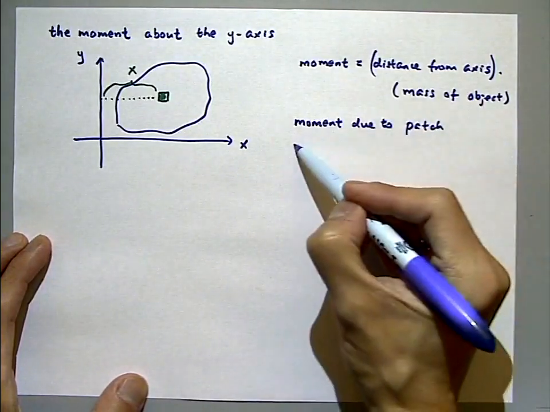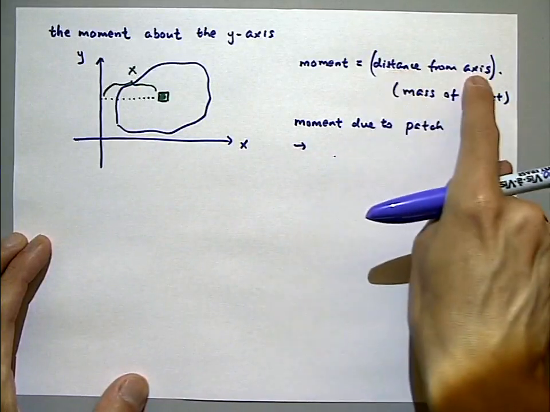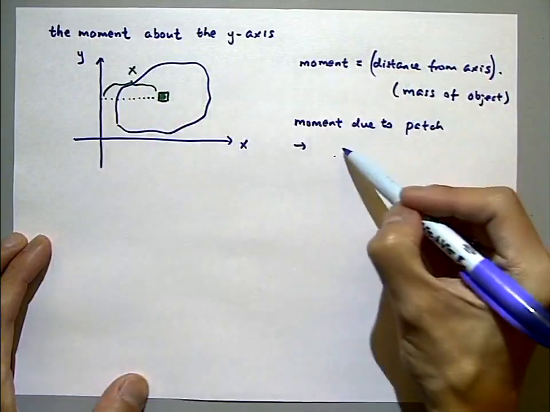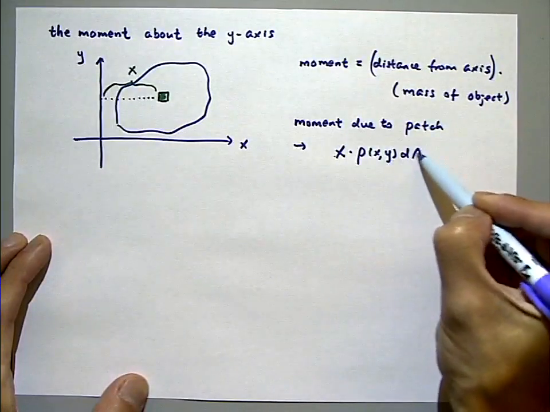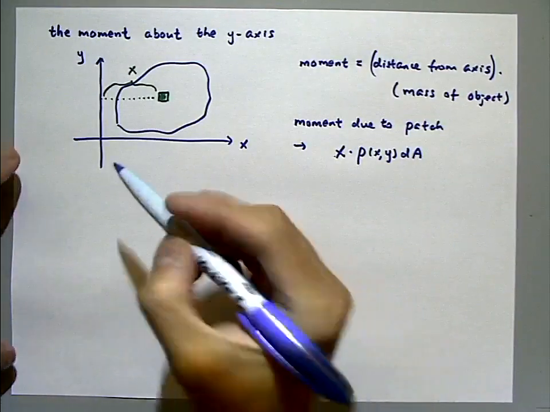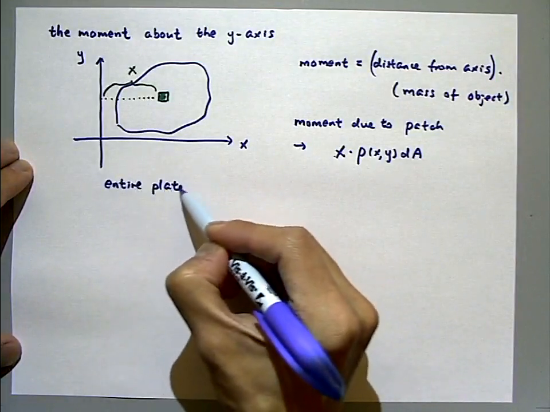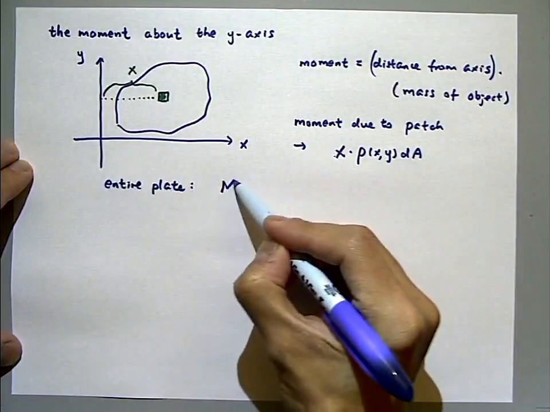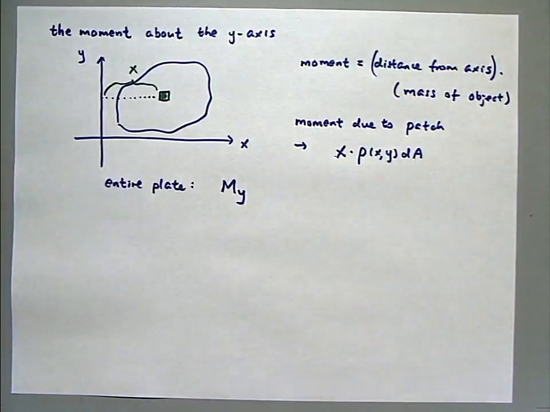So the moment due to that little patch right here is the distance from the y-axis, which is x, times the mass, rho of x y dA. That's that one patch. And now I want to account for the entire plate. We do another double integration. So the moment, capital M subscript y, means the moment about the y-axis.